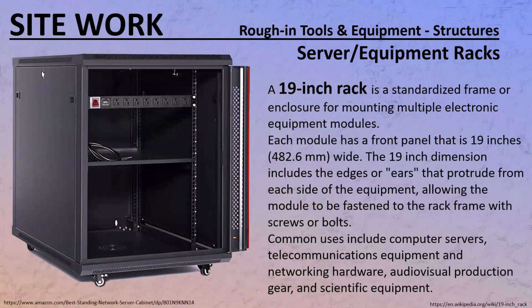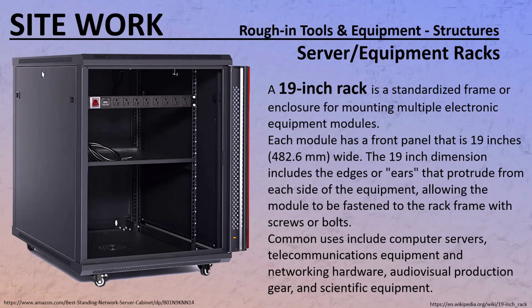Right? Other things, equipment racks. Server or equipment racks. A standard 19-inch rack is a standardized frame or enclosure. Where do you see them? We see them every day when you come to school. Let's go to, like, room B1007 or B1009. You have those rails that make up the equipment rack.